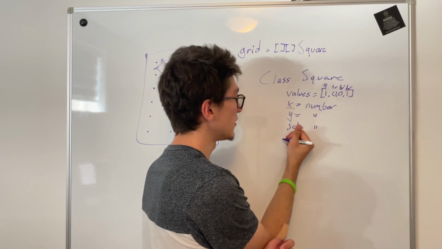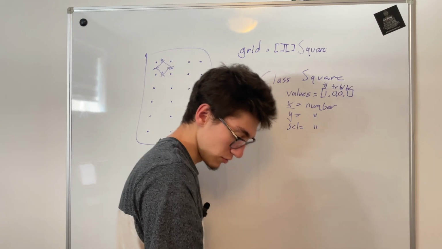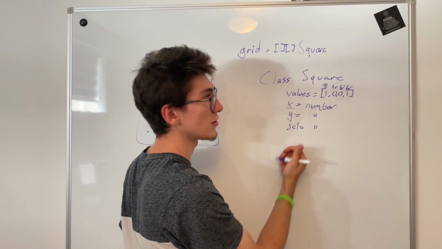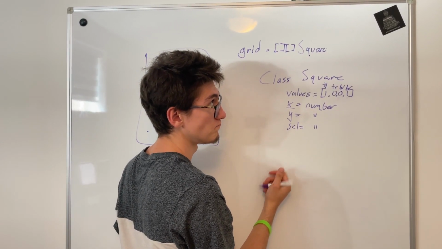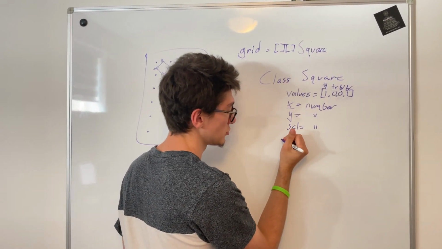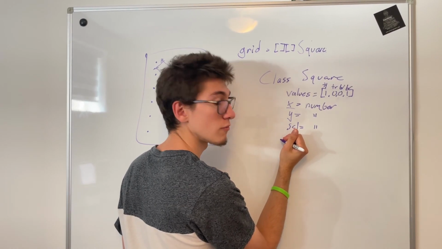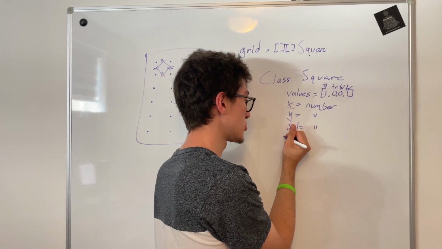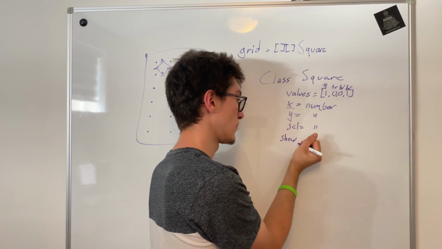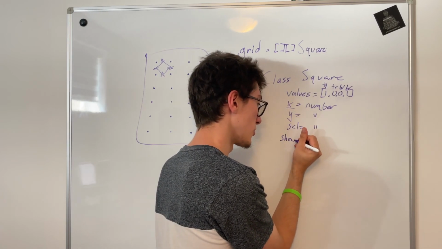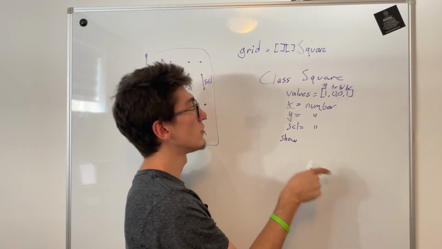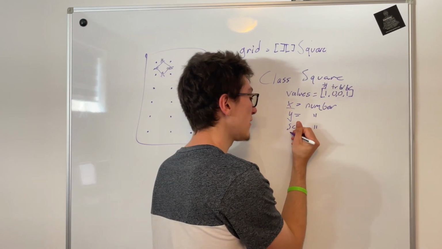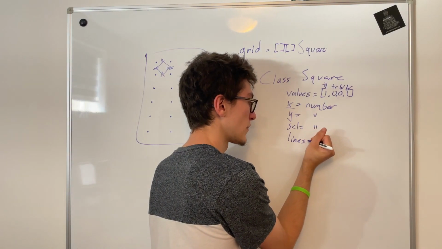Then we can have a method for drawing the line. So we could have a method called, let's use show. Or we might want to also in here have, in the constructor, something like lines, right?